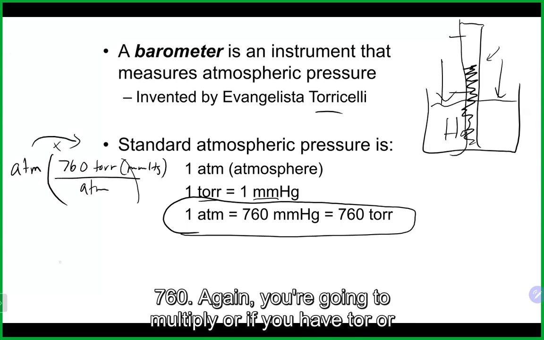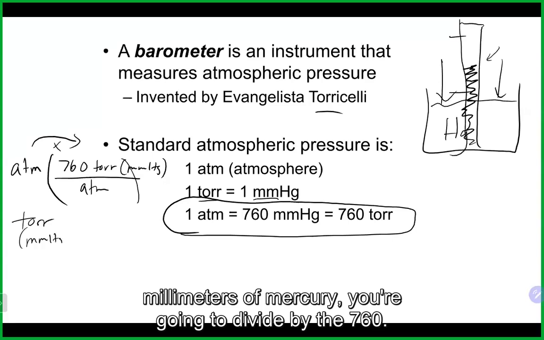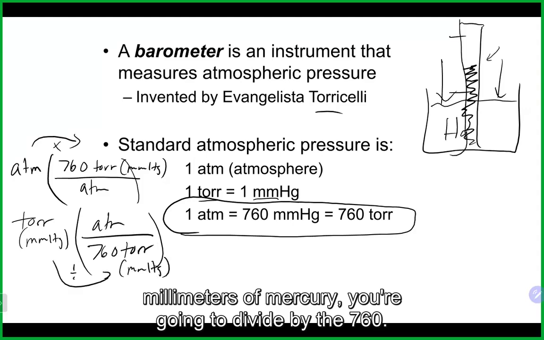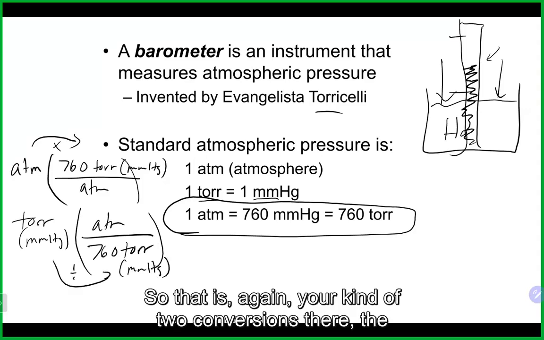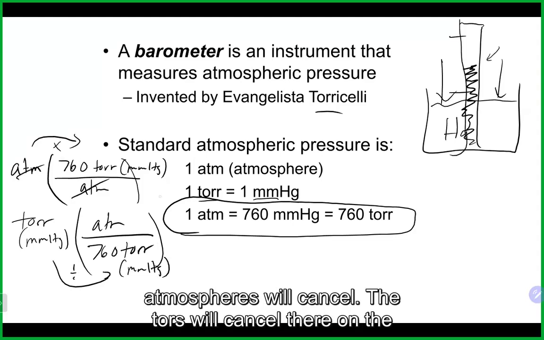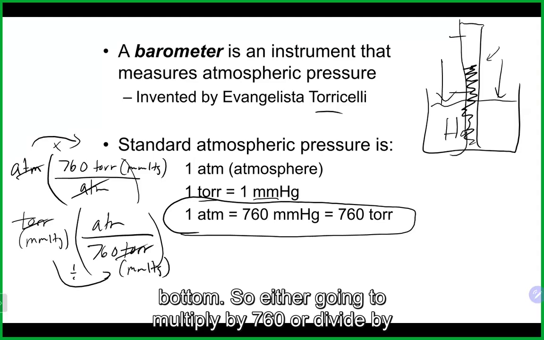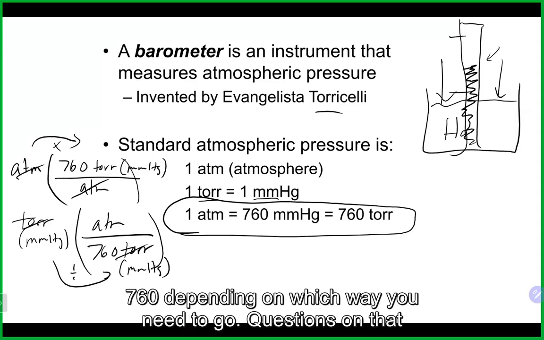Or if you have torr or millimeters of mercury, you're going to divide by the 760. So that is your two conversions there. The atmospheres will cancel, the torrs will cancel there on the bottom. So you're either going to multiply by 760 or divide by 760, depending on which way you need to go. Any questions on that there?